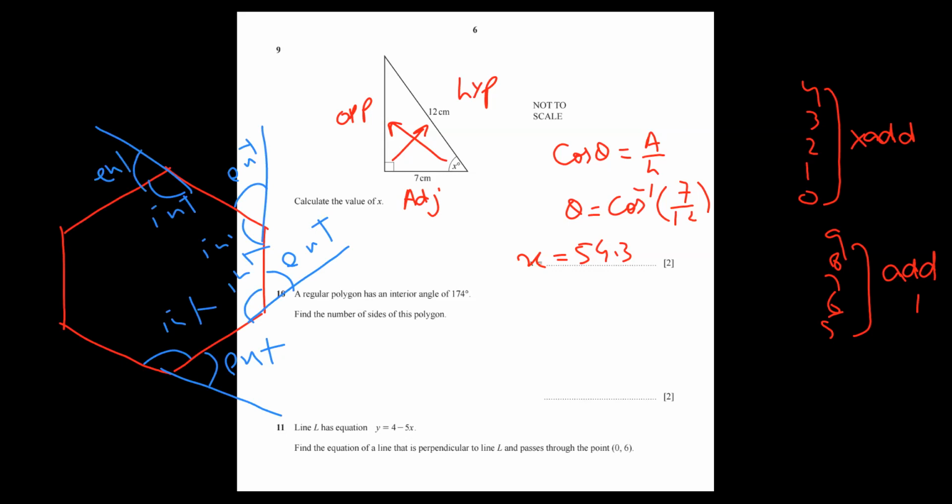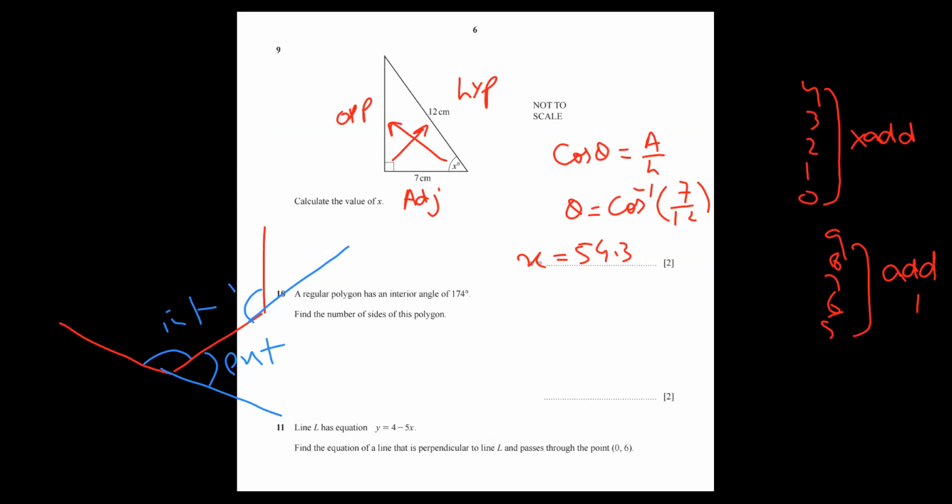According to the question, the interior angle is 174, we have it. In this diagram I know it's a hexagon, but suppose I don't know, so I'm erasing the rest of the figure. One thing is very clear which I know: in this diagram the interior angle is 174.